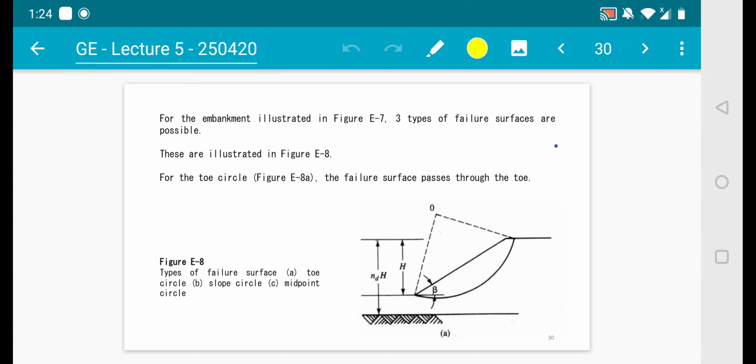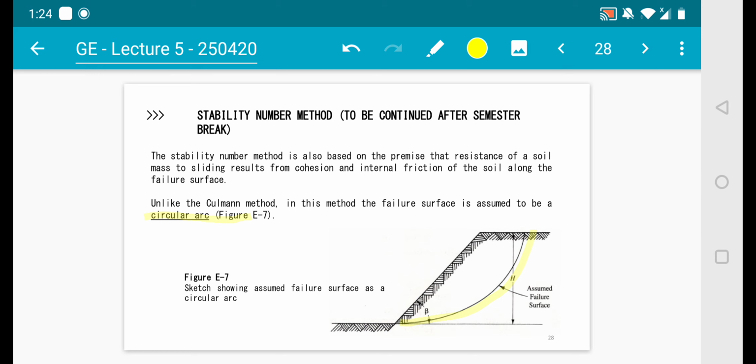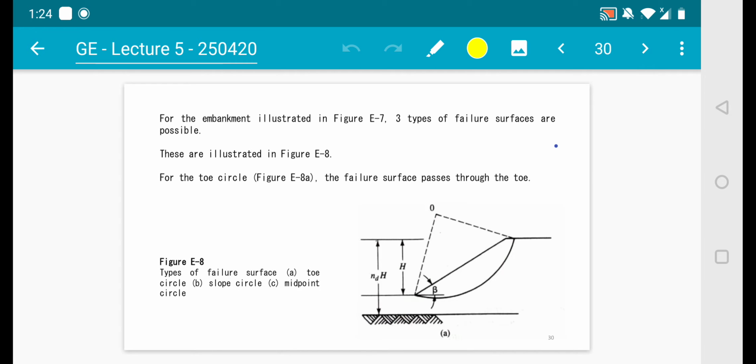Now for the embankment illustrated in figure E7, this is an embankment. Three types of failure surface are possible. These are illustrated in figure E8.